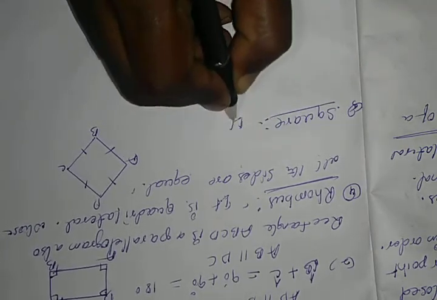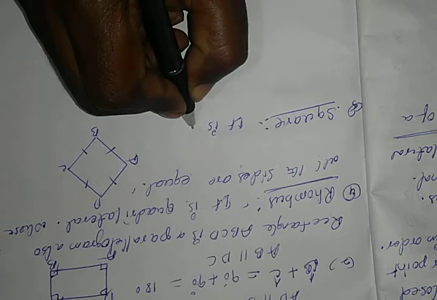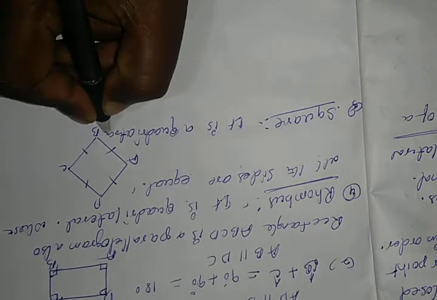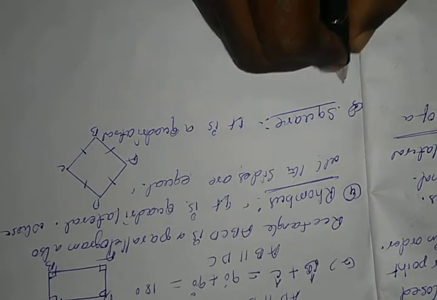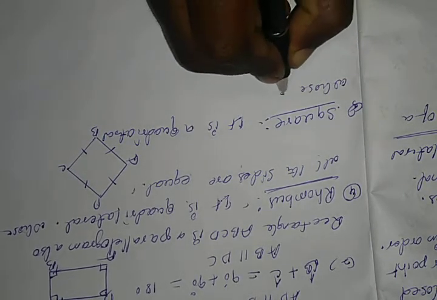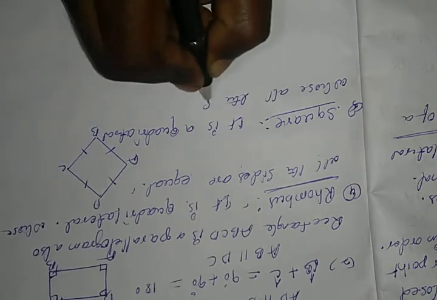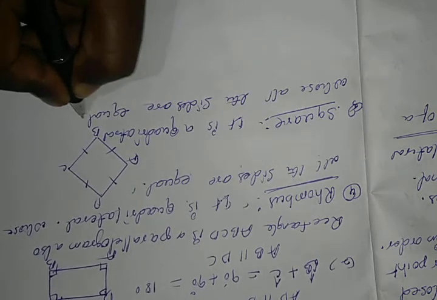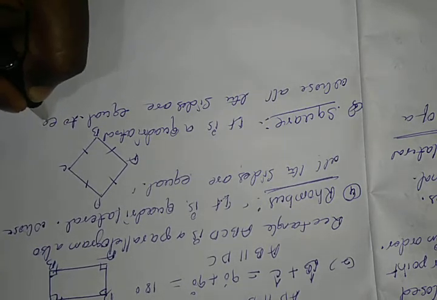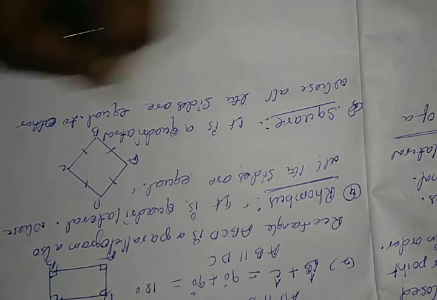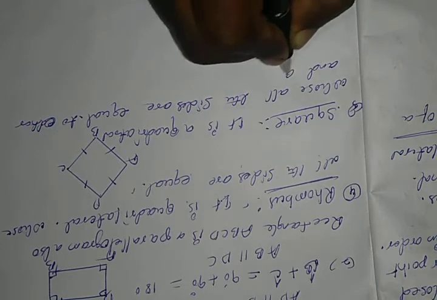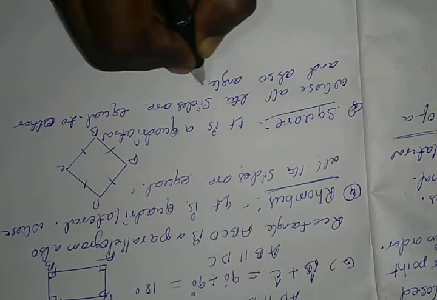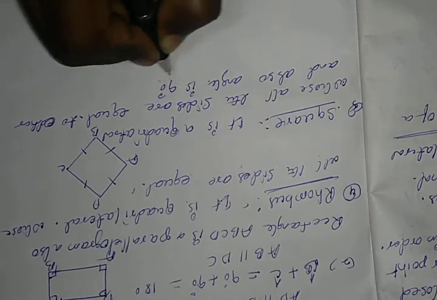Square, it is a quadrilateral whose all the sides are equal to each other, and also, very important, each angle is 90 degrees.